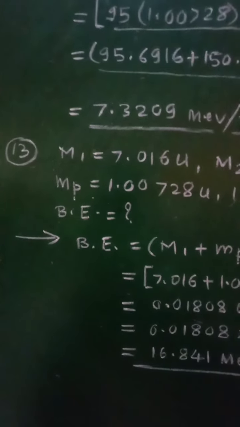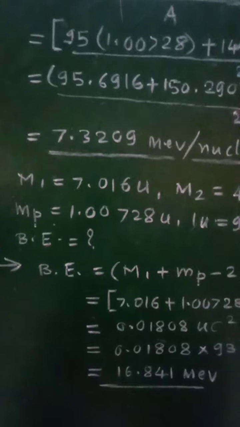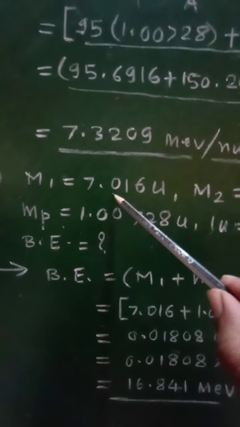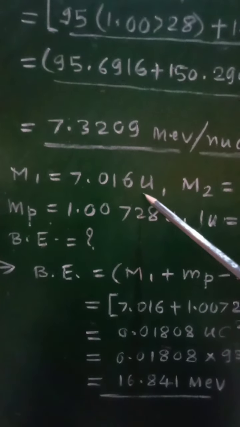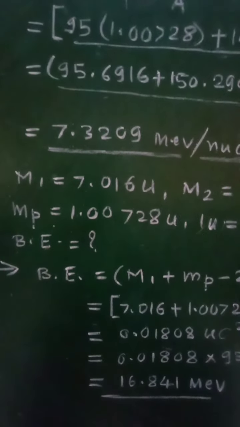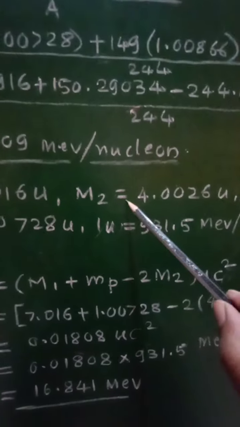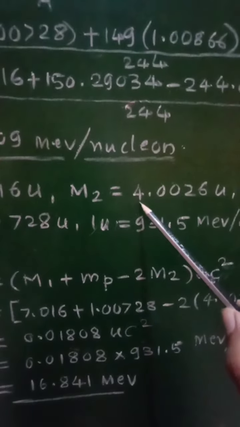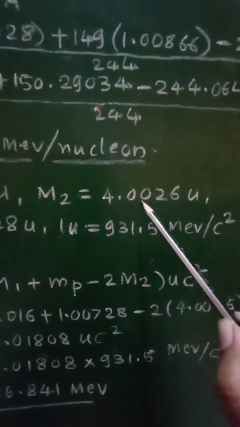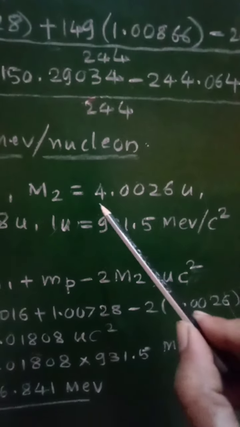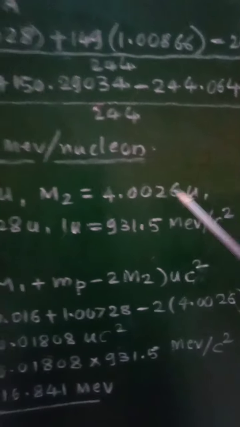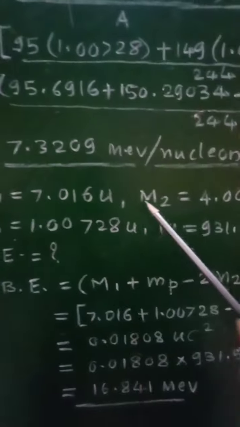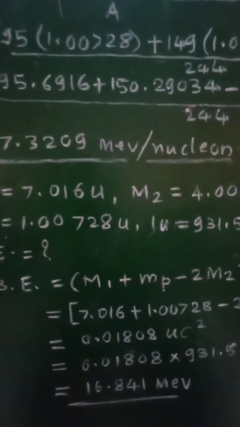For this numerical, the given data will be written as M1 equal to 7.016 U for lithium and M2 equal to 4.0026 U for helium. So M1 and M2 are the masses given for lithium and helium atoms respectively.